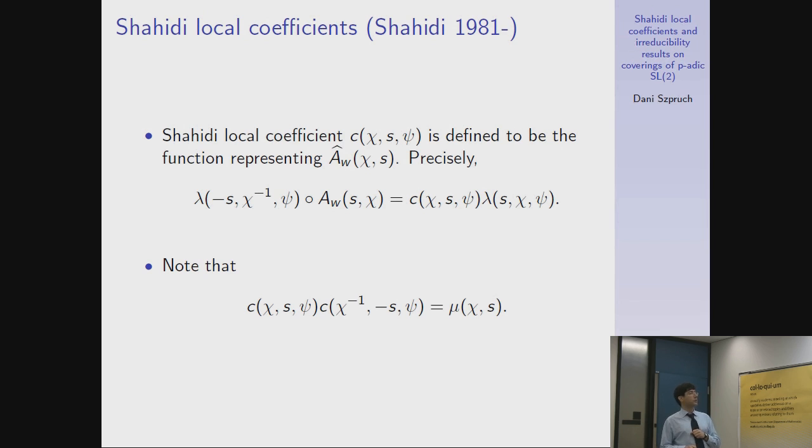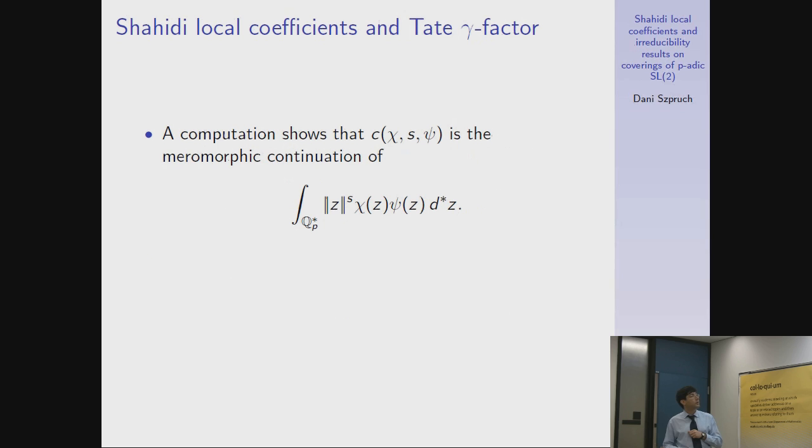And of course, the product of these two local coefficients, the Shahidi local coefficients, is what we are after, this Plancherel measure. As opposed to the fact that we cannot compute this integral, we can actually compute these local coefficients quite easily. And the computation shows that C is the meromorphic continuation of this integral, which is exactly this one, right?